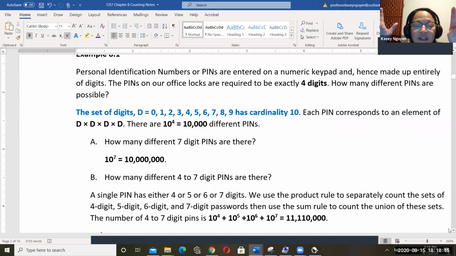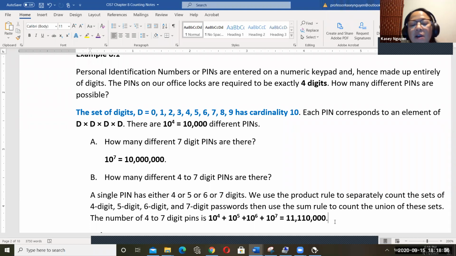There's the 5-digit, which is 10 to the 5th. There's the 6-digit, 10 to the 6th, and 10 to the 7th for 7-digit. Then you would add up all of these to give you the result.